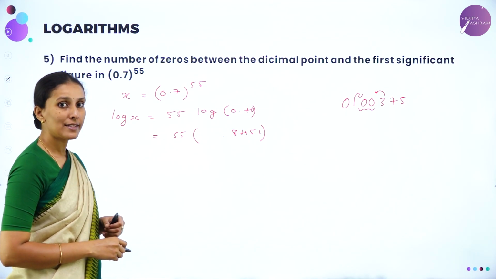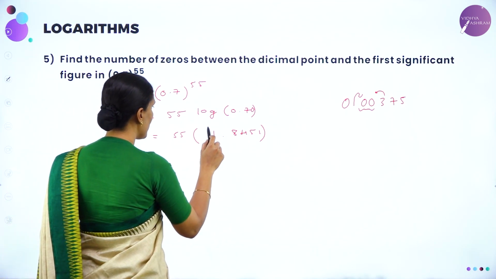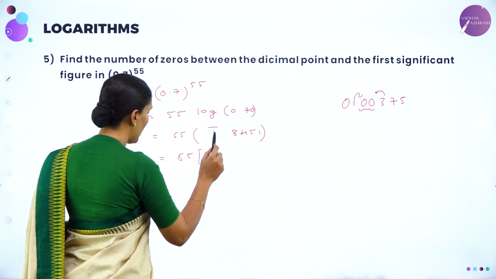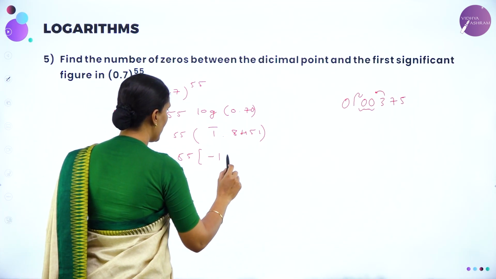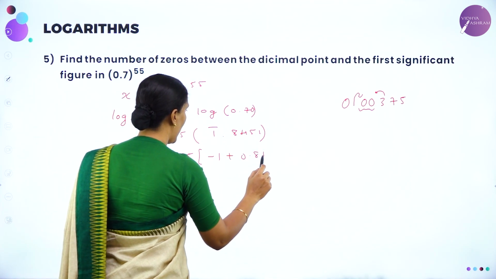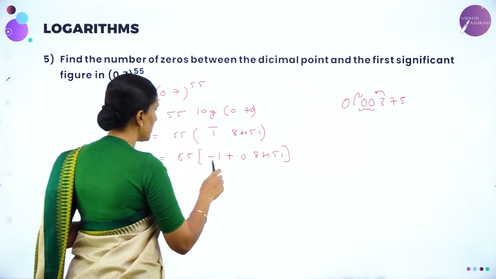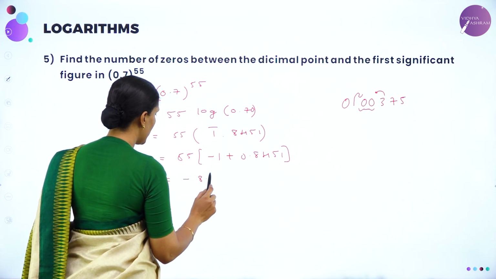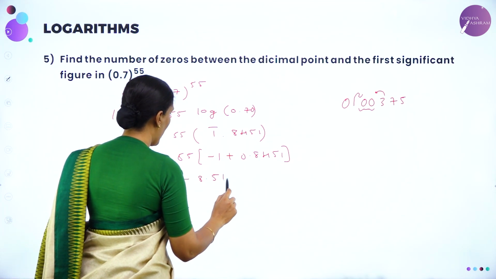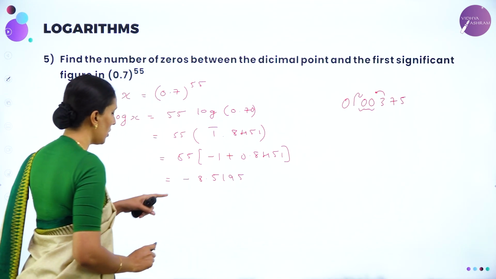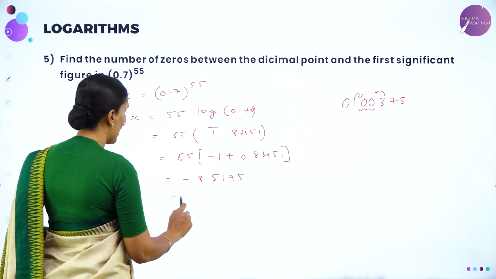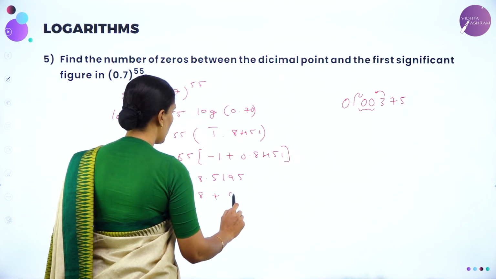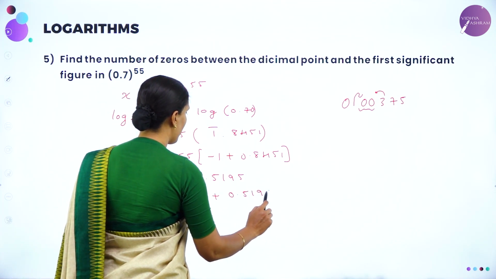Now, to decide the characteristic, there are no numbers before the decimal here, so it will always be 0 minus 1. So we will write it as 1 bar. Now, before evaluating this, we will take minus 1 plus 0.8451. Multiplying and simplifying this, we will get the value as minus 8.5195. Now here we will separate this: minus 8 plus 0.5195.